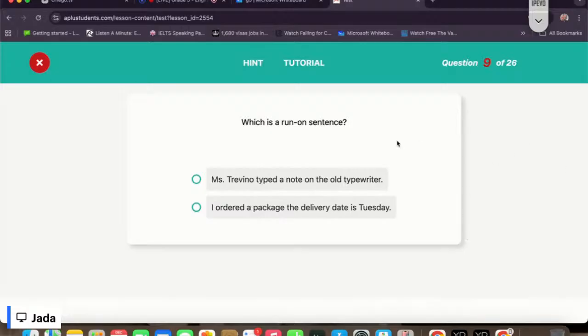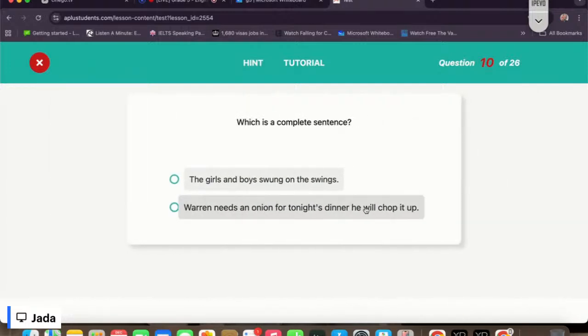Okay, "I ordered a package. The delivery date is Tuesday." Run-on. Then complete sentence, first or second?